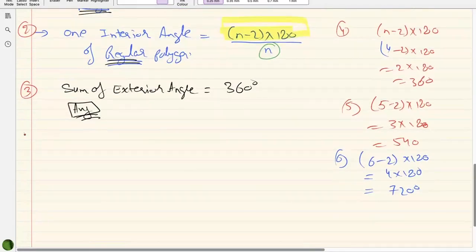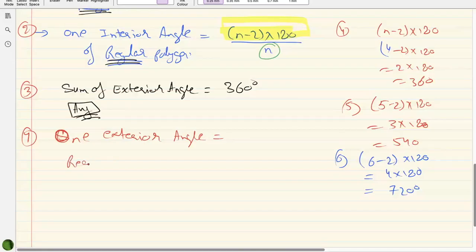which gives us permission to write our fourth formula, that is one exterior angle for a regular polygon would be 360 by n.